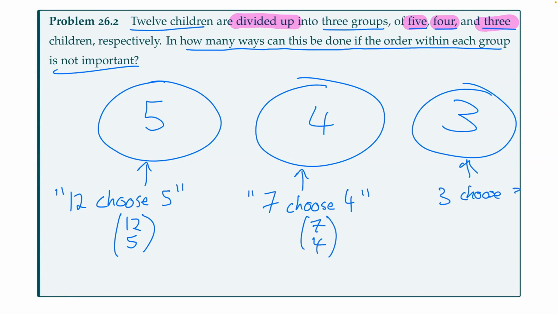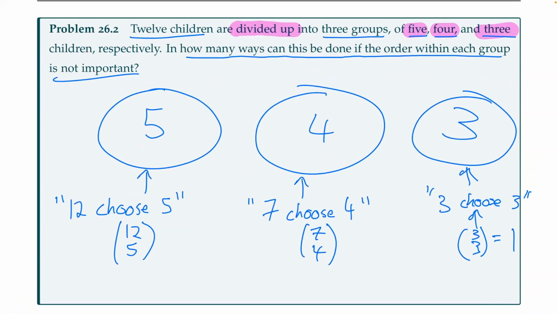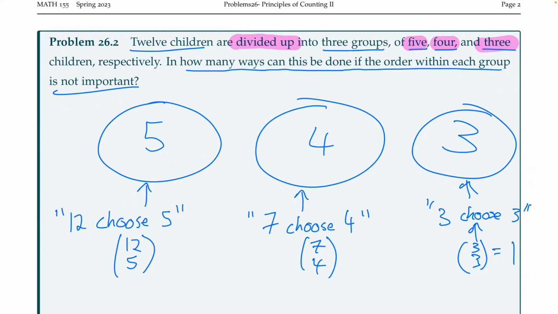So we've only got 3 students left. Now tell me what 3 choose 3 is instantly. 1. Okay. If the order doesn't matter and you've got 3 individuals and you need to choose 3 of them, there is only one combination. It's the one that has all of them in. Okay. So how do we then work out the total number of ways that this can be done?